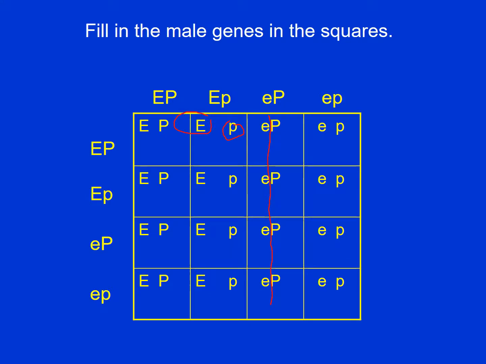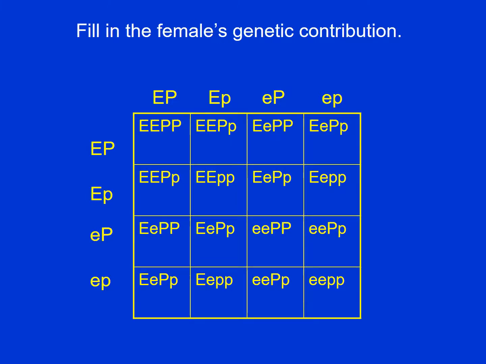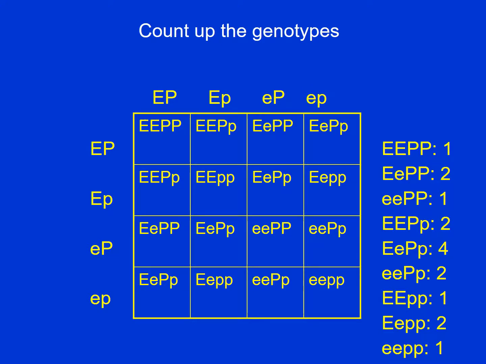Really important to try to keep things really organized so it's easier to count the genotypes when you get finished. So here we have all the squares filled in from both the male and the female side. And then we can start counting.